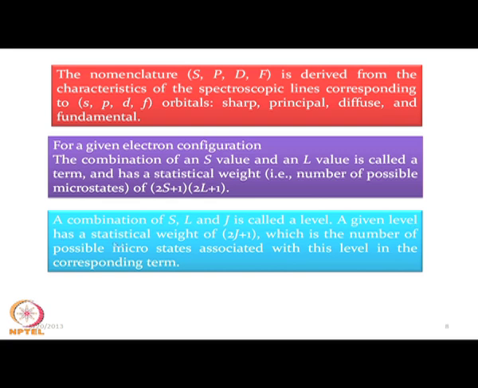A given level again has a statistical weight of 2J plus 1, which is the number of possible microstates associated with this level in the corresponding term. So, if we have one particular J value such as J equal to 1, we get 2 into 1 plus 1, that means 3 different states for that J value.